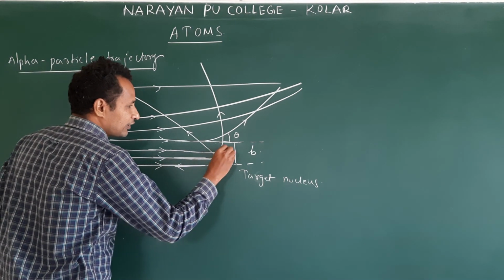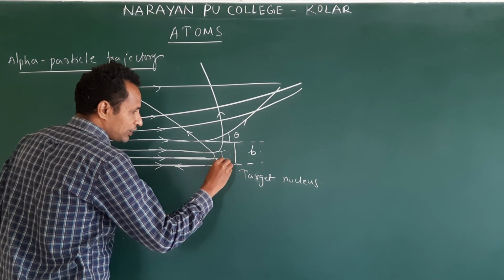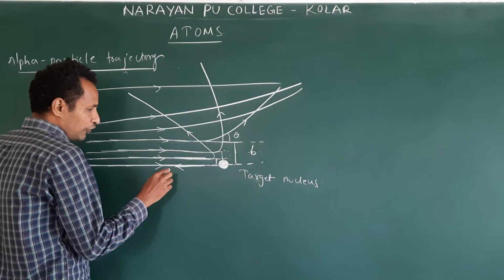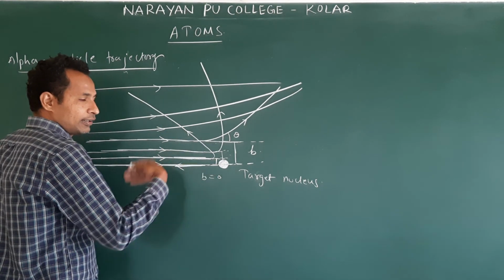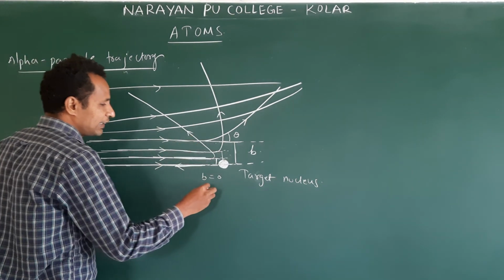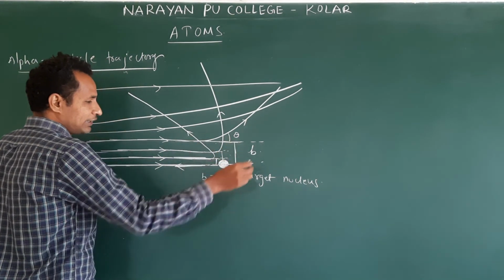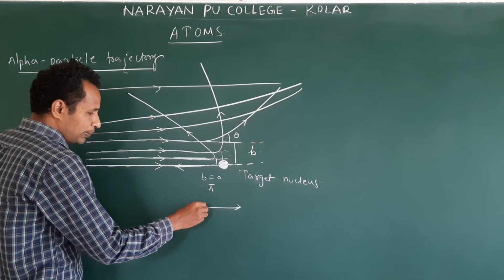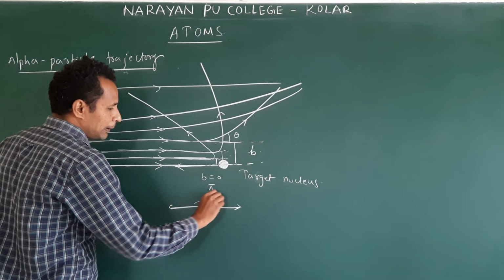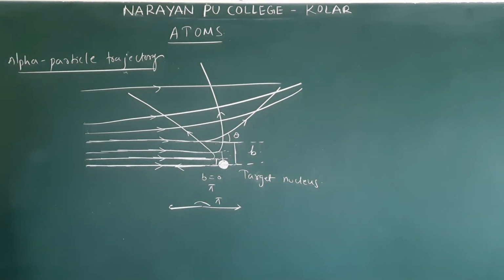For this ray, the impact parameter b is 0. What is the scattering angle? That is pi, 180 degrees. This is the initial direction, right? And it reflects back. What is the angle? Pi, 180 degrees.